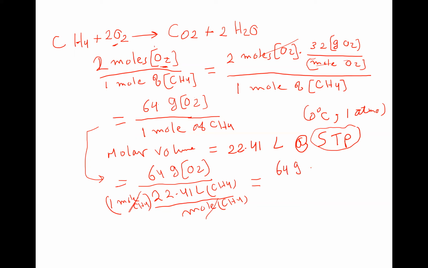64 gram COD, which again I refer to oxygen or chemical oxygen demand from the beginning, it is the same, because basically we need oxygen to oxidize the methane in this case. Okay, divided by 22.41 liter of CH4. Okay, what does this mean?